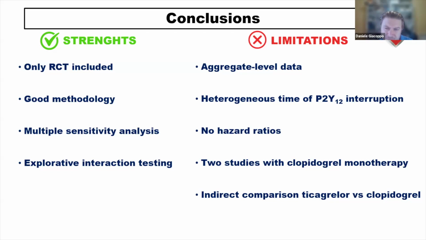This is wrong, I think. It's a typo. It's aspirin interruption. So we have some differences that may have influenced the result, and it would be more properly inspected by individual patient data. The analysis is time to event.